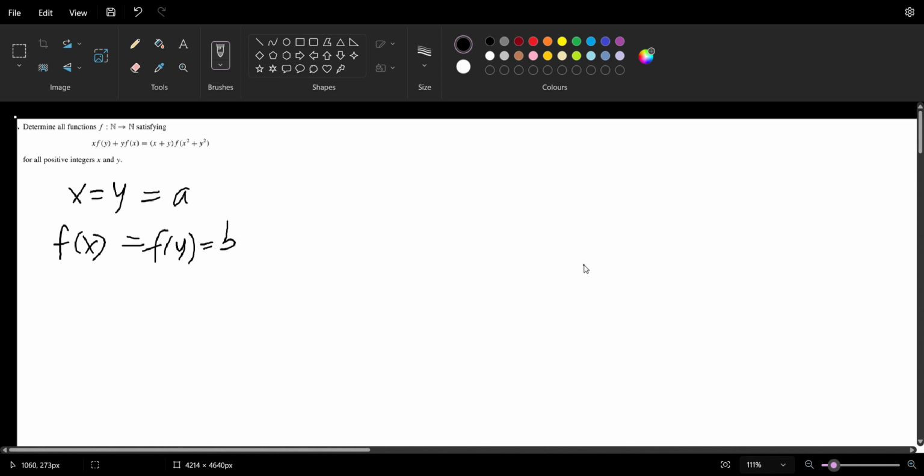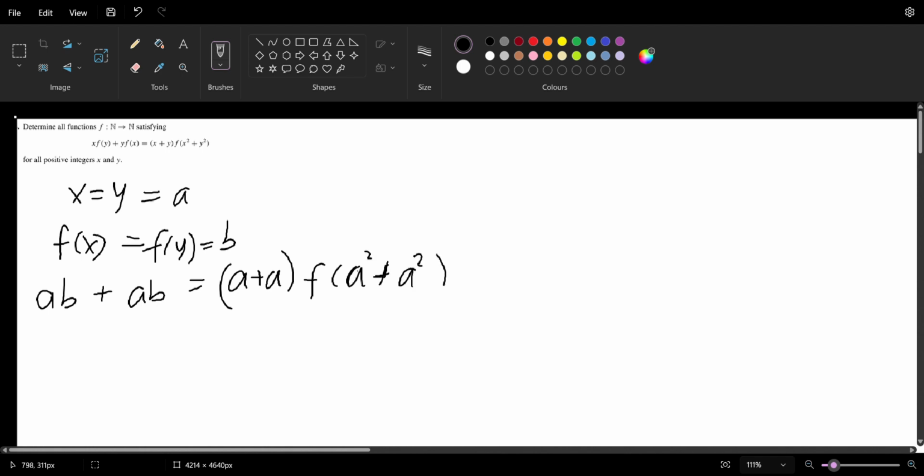So if we write the whole equation, we have a times b plus a times b again is equal to a plus a times f of a squared plus a squared. All right, so let's just simplify.